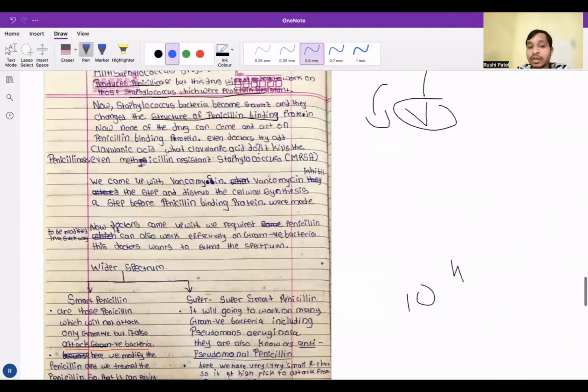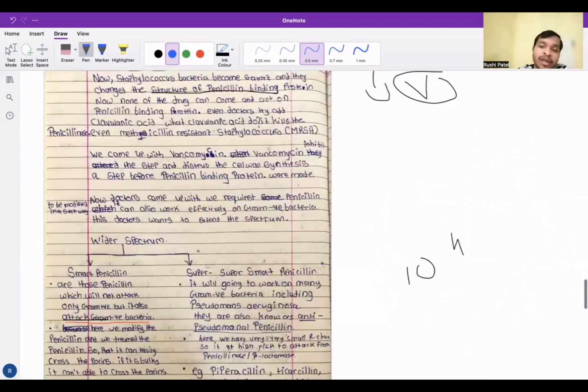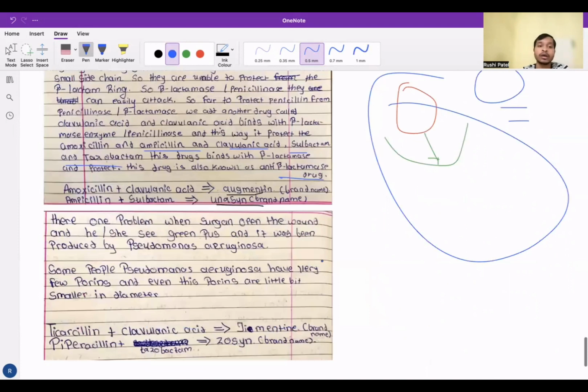Now, why do we need the super smart penicillin? Because it has a very small diameter. There is one problem. Whenever a surgeon opens a wound in surgery and you see green pus, it is usually produced by Pseudomonas aeruginosa.